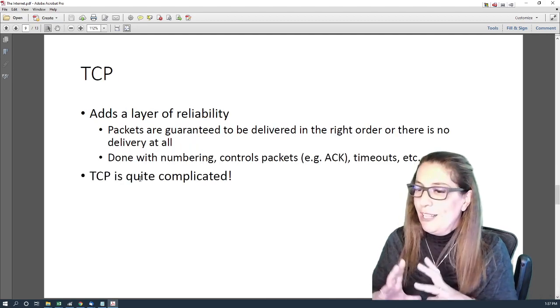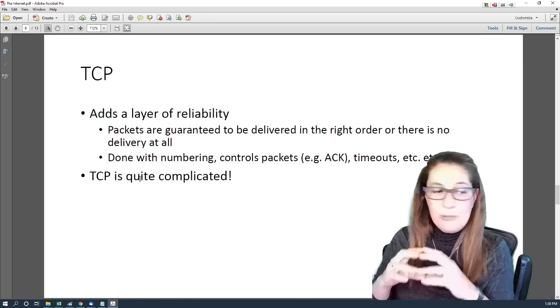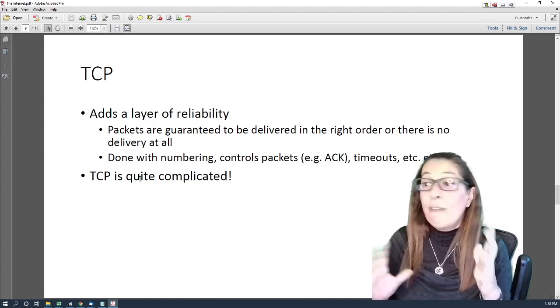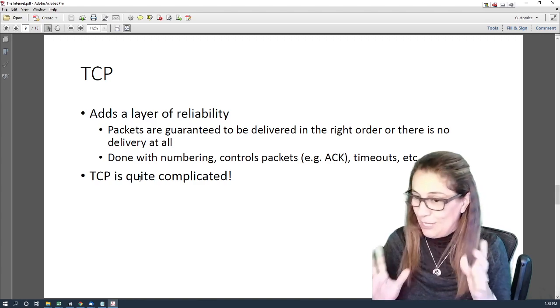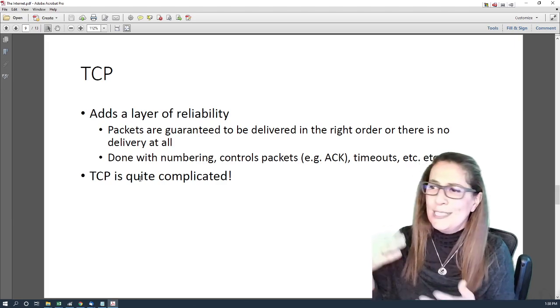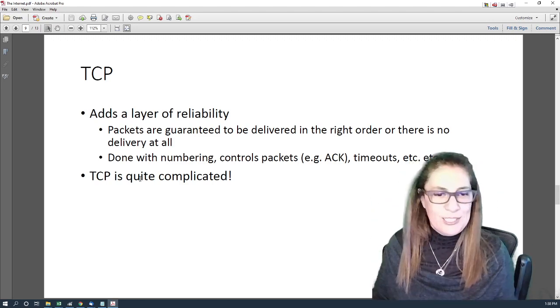TCP is the big gorilla. That's what you need to know. TCP is a protocol on top of IP that ensures a level of reliability. This is a very, very complicated thing to do, as you can imagine. It's extra messaging going back and forth, acknowledgements, timeouts, having to number every packet, all sorts of complicated things.